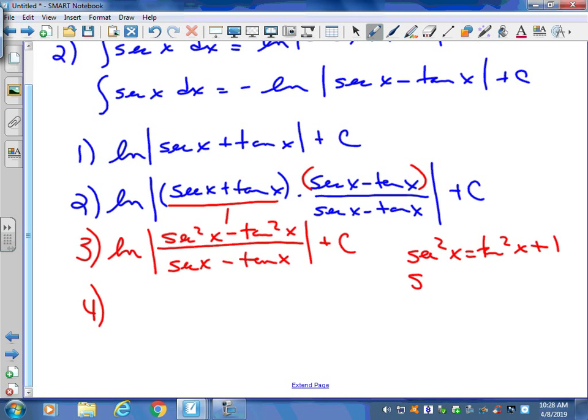And if you take the tangent to the other side and subtract it to make it look like the top of this problem, then it's telling me those two things subtracted make 1, and now I've got something to substitute in on the top. So anytime you see stuff about squared, go look for a Pythagorean identity off of your formula sheet that has the unit circle on it. So now I have ln of 1 over secant of x minus tangent of x.